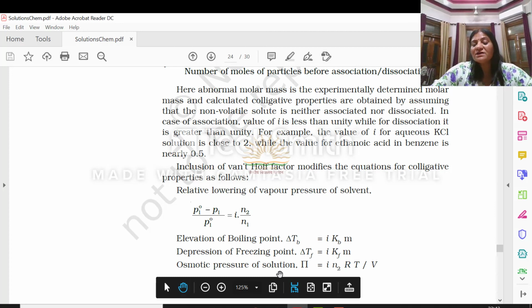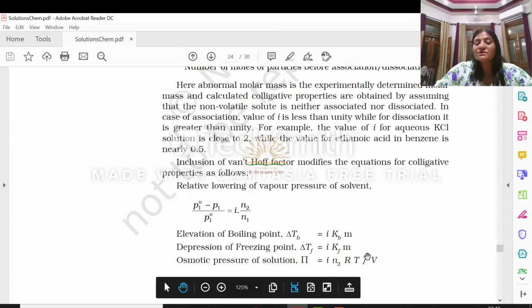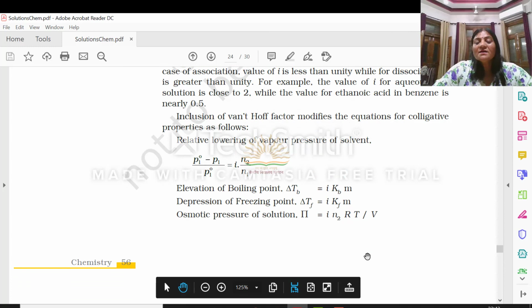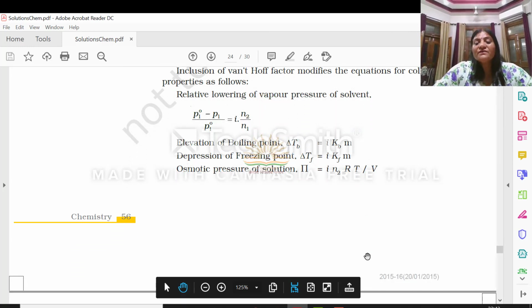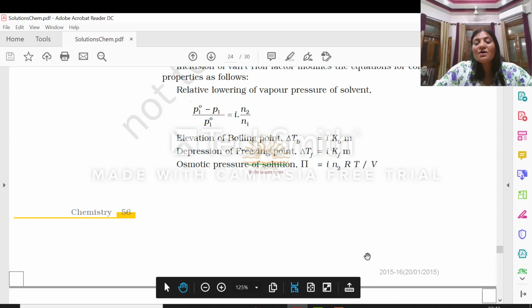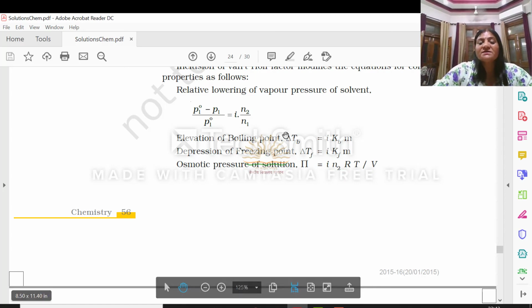And osmotic pressure, pi V is equal to nRT or pi V is equal to i n2 RT, where n2 is the number of moles of non-volatile solute. So after the dissociation and association of the solute in the solution, all the colligative property mathematical equations are modified by adding the van 't Hoff factor.